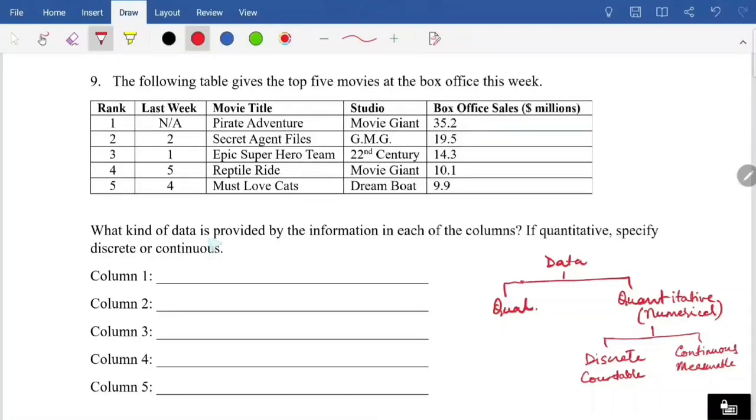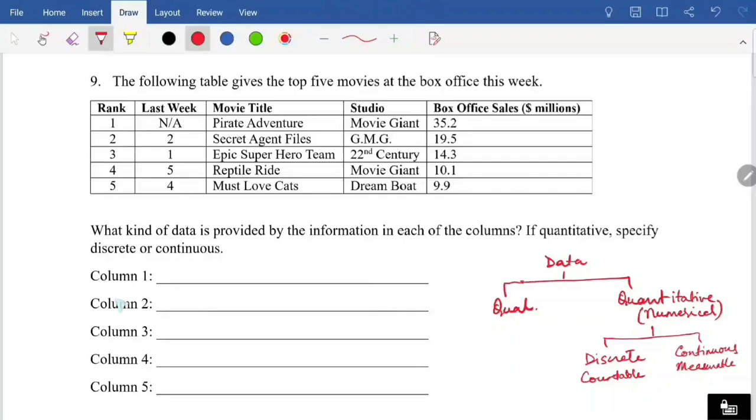Now, what kind of data is provided by the information in each of the columns? If quantitative, specify discrete or continuous. So column 1 is rank. We see rank is always integer values, countable, right?